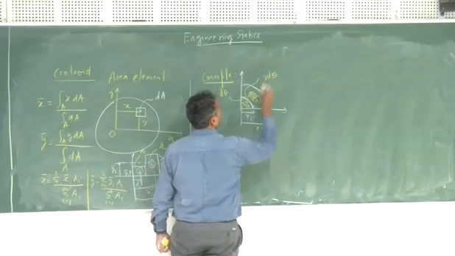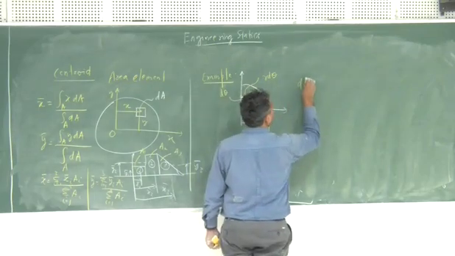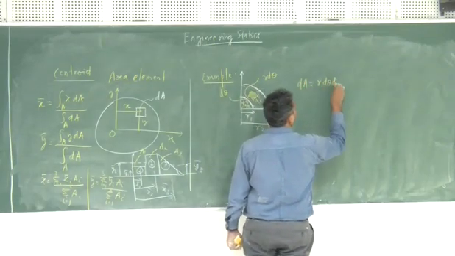The arc element is r into d theta. Elemental area is given by r into d theta into dr.